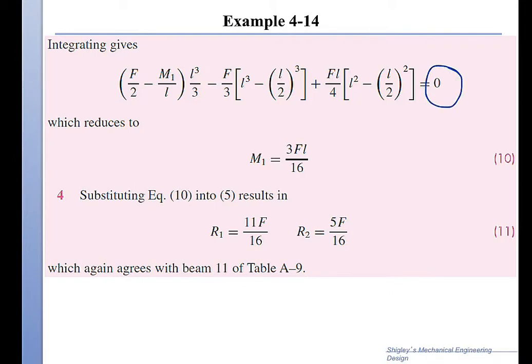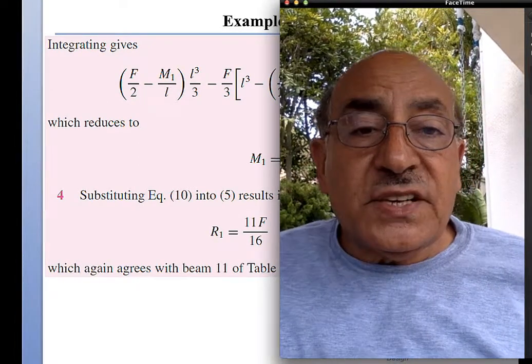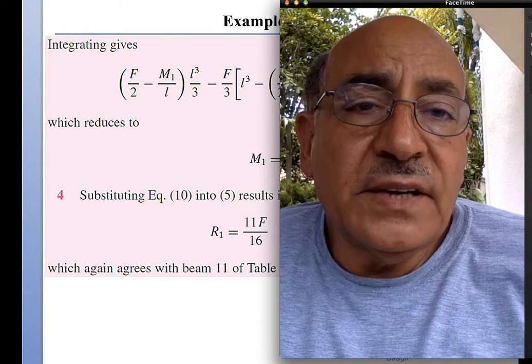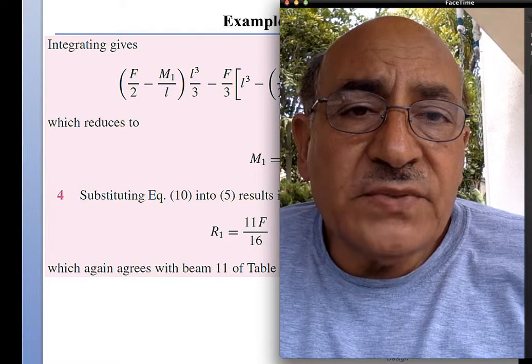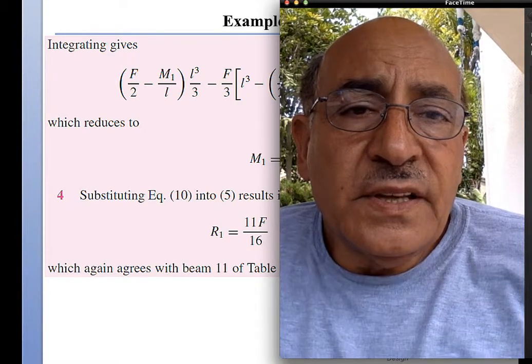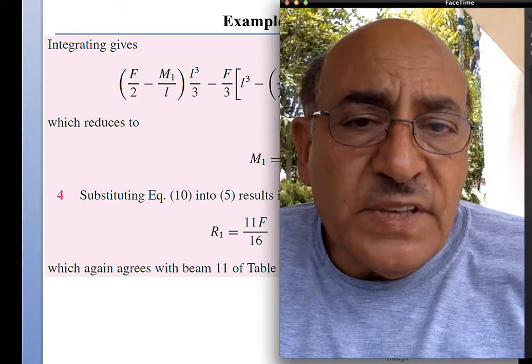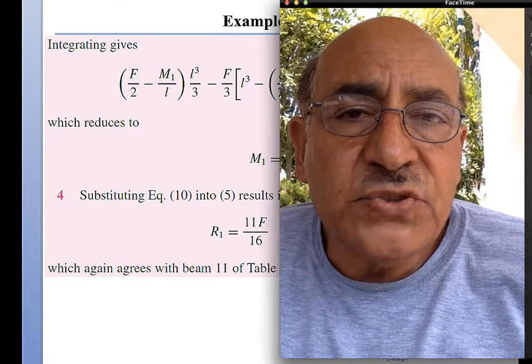The 0 is very important here. We understand that the rotation is already known to be 0, and when we equate the entire equation to 0, the only unknown is the redundant moment M1, which can be determined now. Once we know it, we can find R1 and R2.